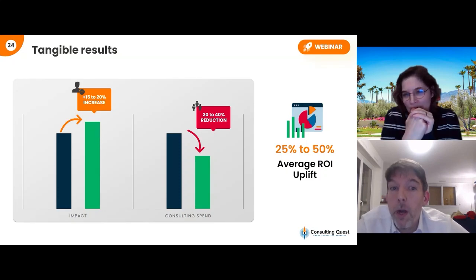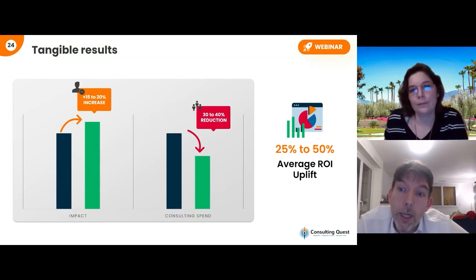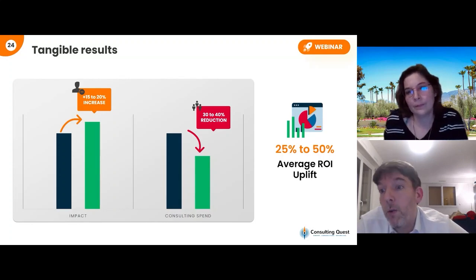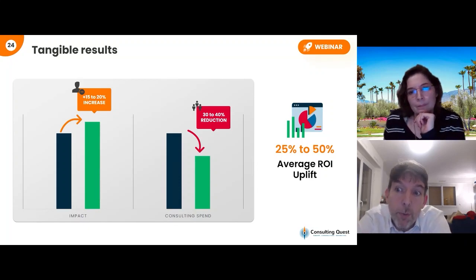Yeah, because the ROI for consulting is sometimes 4 to 10 times the amount you're spending in consulting. So take 100 million invested in consulting should yield 300 to 400 million in returns. If you get a 50% increase in your ROI, you end up at 600. So those can be very, very massive numbers for companies.